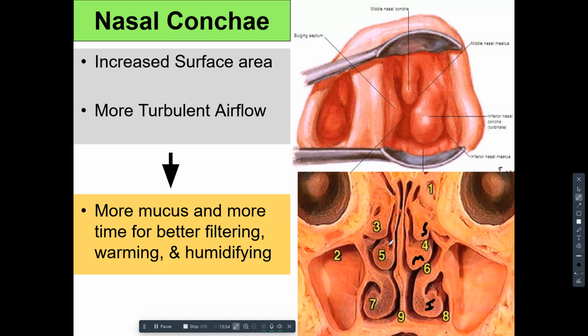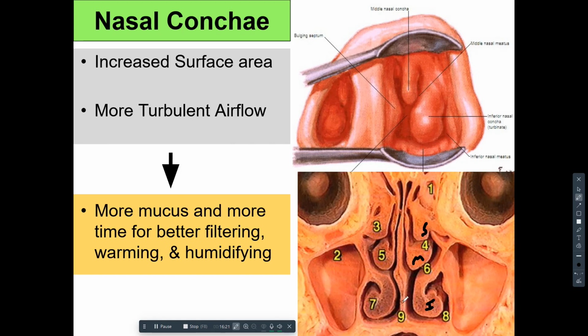All of my conchae collectively work to give me more surface area and to create bumpiness that will allow airflow to be more turbulent. More surface area means more mucus, more turbulence means more time. That combo is good for better filtering, warming, and humidifying of the air.